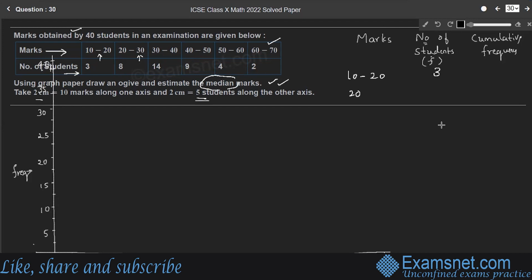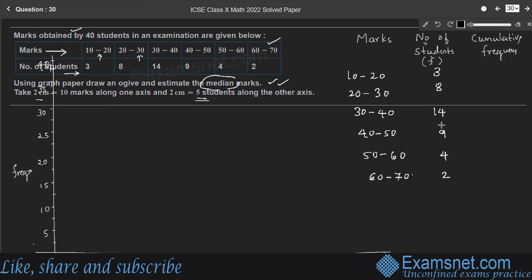In the 20 to 30 range, 8 students. 14 students obtained marks in the 30 to 40 range, and 9 students in the 40 to 50 range, whereas 4 students in the range 50 to 60, and 2 students in the range 60 to 70.